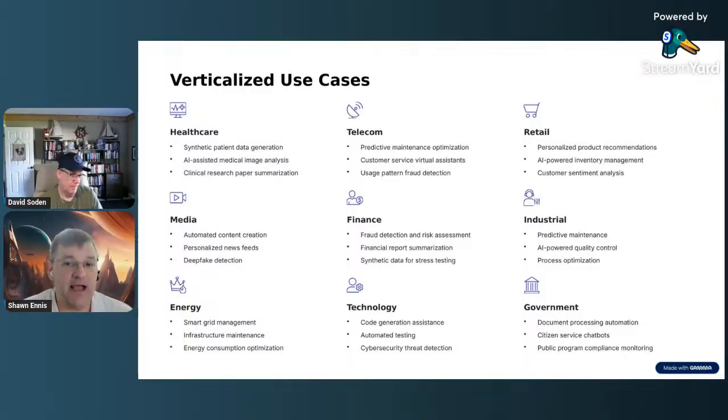Like for AI-powered inventory management, how much were they able to reduce overstock, right? That is a number. That is an ROI value. You could go back to the business and say, look, this is how much our overstock is costing us. They say and can guarantee a 25% reduction.